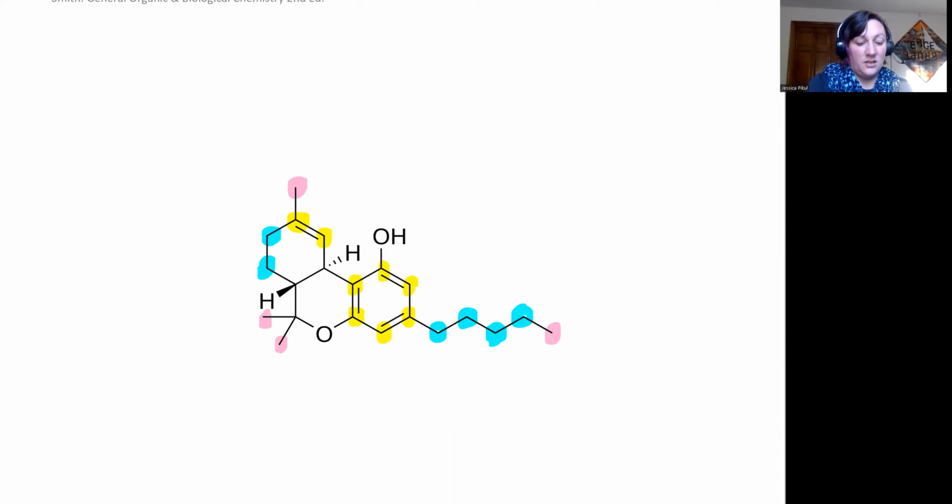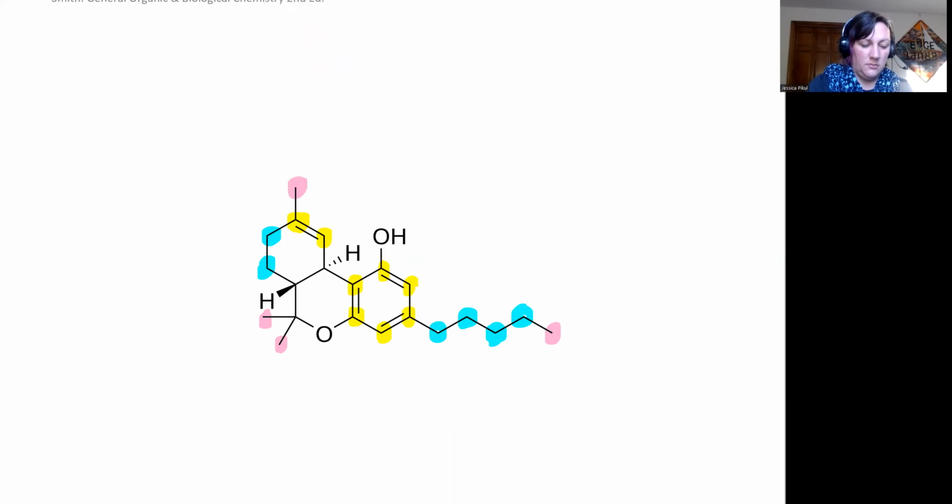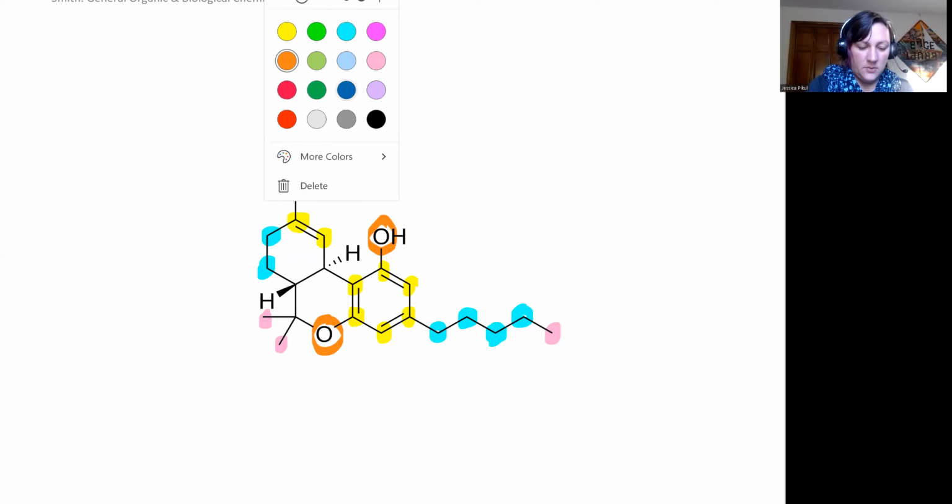And we have a few oxygens. Let's get a different color for them. Remember, we're only interested in the ones that have multiple things bonded to it. So there's one more I want to highlight.